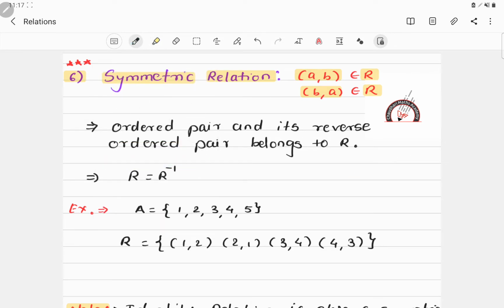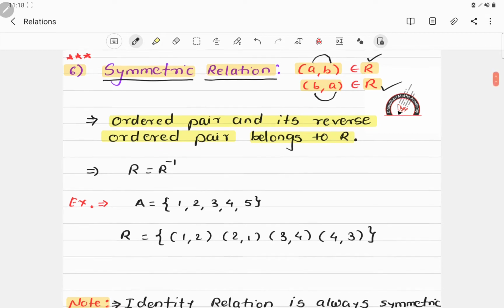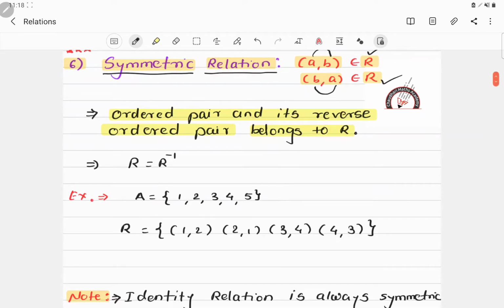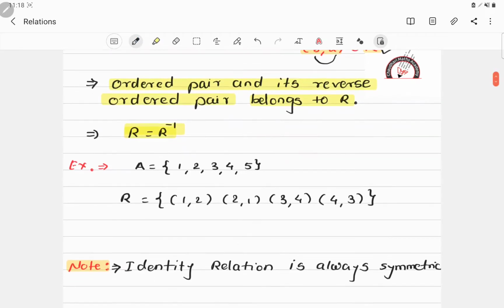Once again, if (a, b) belongs to this relation, then the reverse ordered pair (b, a) also belongs to the same relation, then and only then it is called a symmetric relation. So we say every inverse relation is also a symmetric relation, as we already talked about the inverse relation.